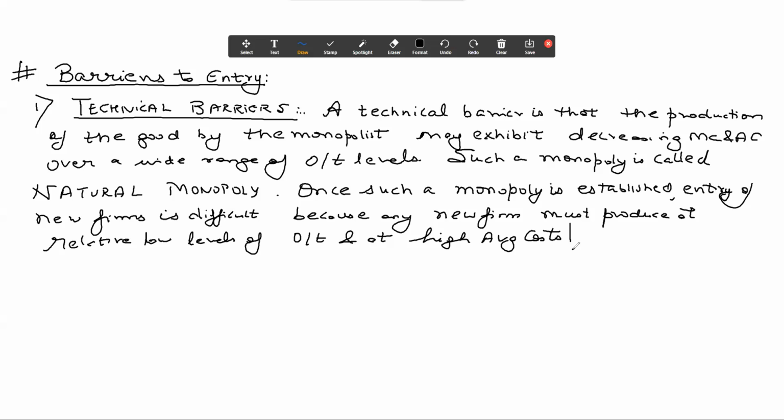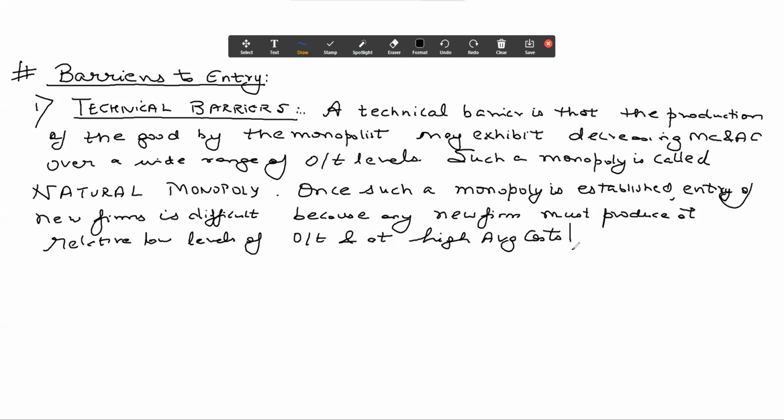So initially the new firm will have to incur a very high cost and manage with very low output levels, as compared to Indian Railways, which is carrying goods and services in bulk. That means in case of a technical barrier, it is very difficult for a new firm to enter and challenge the monopolist. Why? Because the monopolist has already done its bulk production, realizing economies of scale.